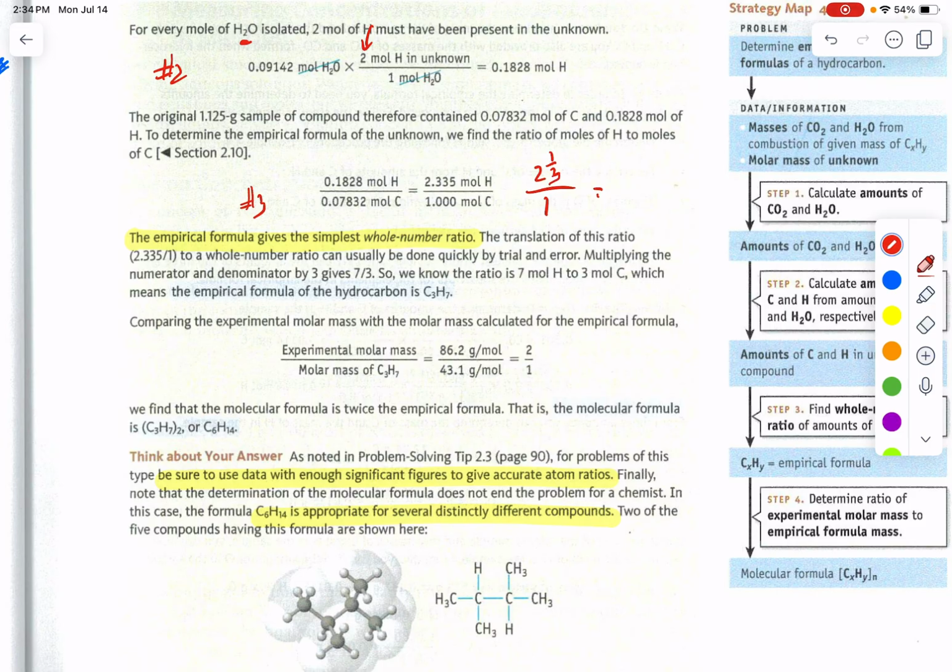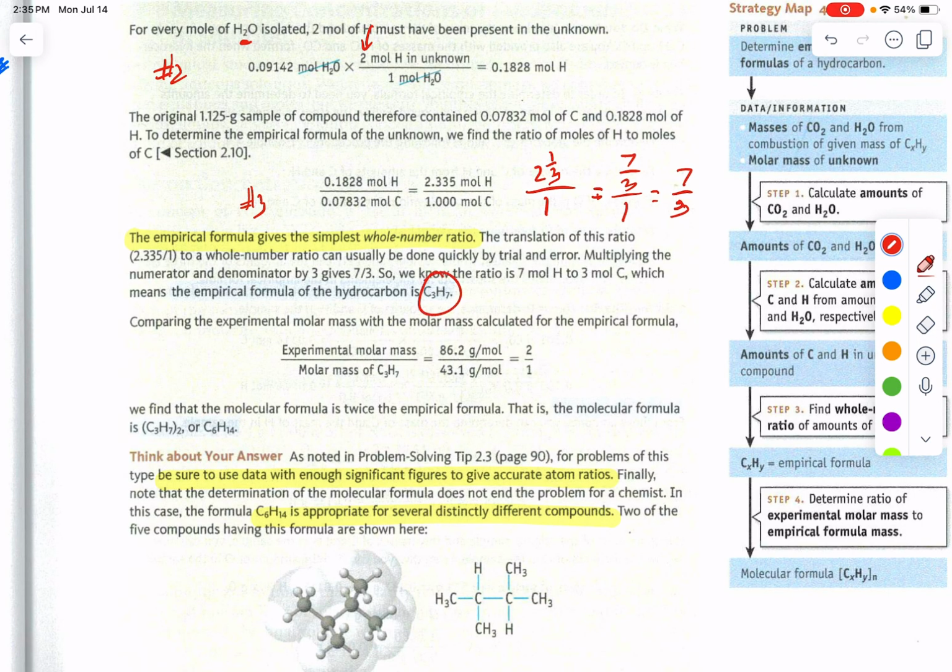And my 2 1/3 is actually 7/3 over 1, if I take the mixed fraction and turn it into 7/3. Then this equals a 7:3 ratio. So my whole number ratio for this substance of CxHy is C3H7.